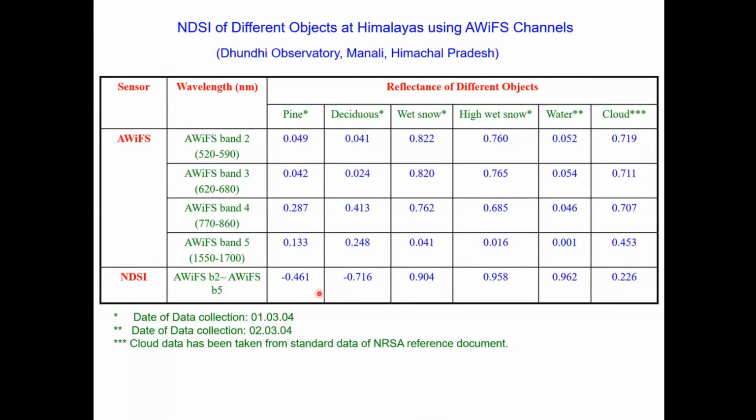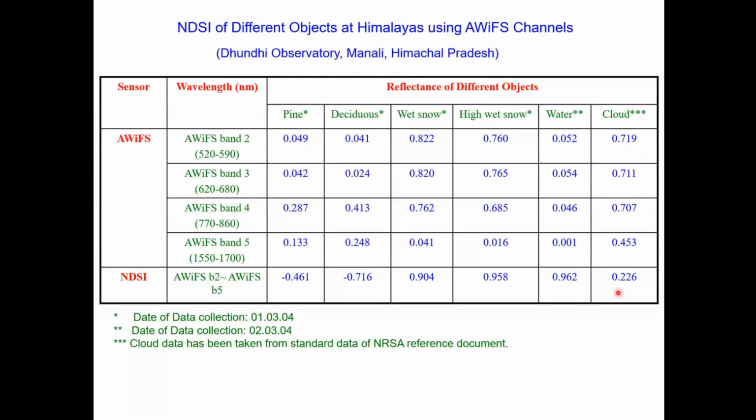So if you use these reflectance numbers and convert them into NDSI, you can see here minus 0.46 is pine, minus 0.716 is deciduous forest, then wet snow is 0.94, then very high wet snow is 0.95, water is 0.96, and cloud is 0.226.